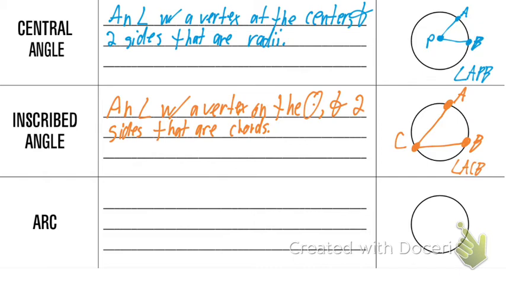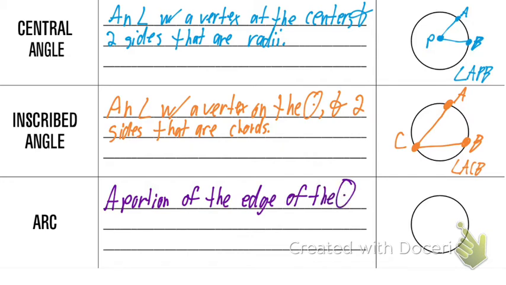All right, an arc. An arc is a portion of the edge of the circle defined by two endpoints.